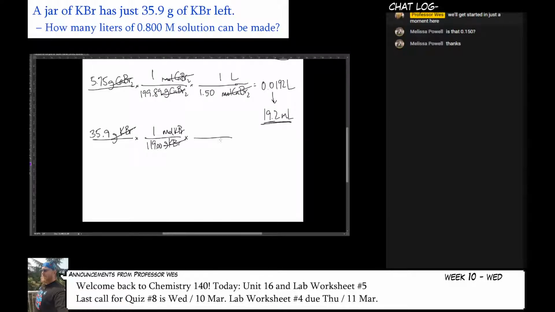And then if I divide by the molarity here, so moles of KBr per liter, that'll give me a volume that I can make. And I want my molarity to be 0.800 moles per liter.